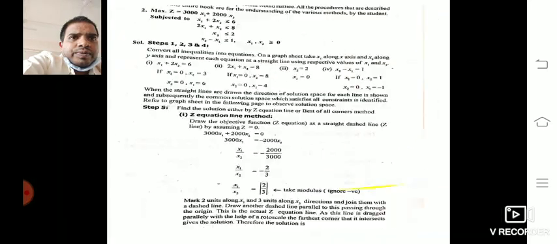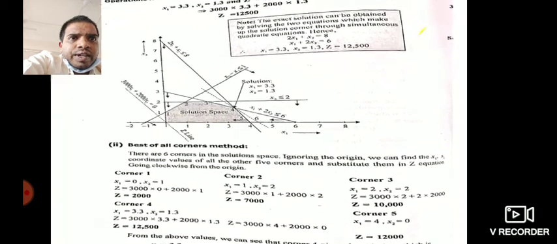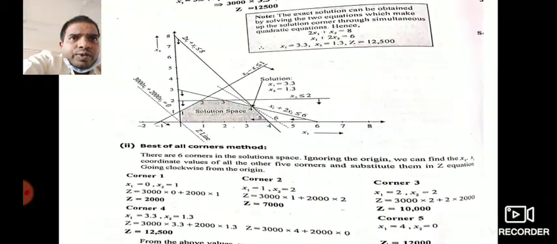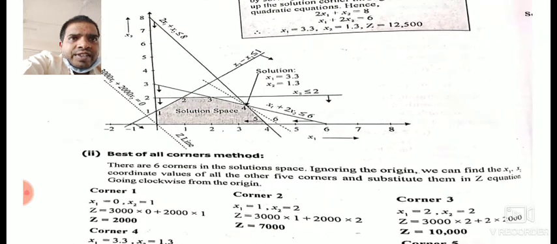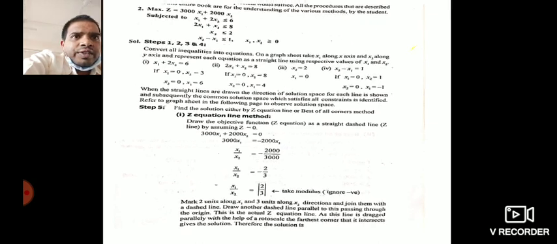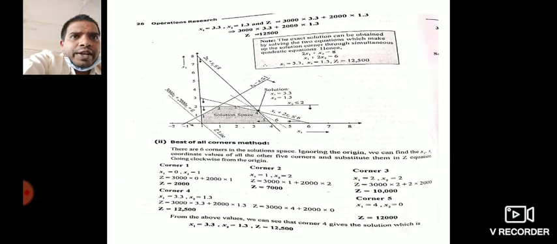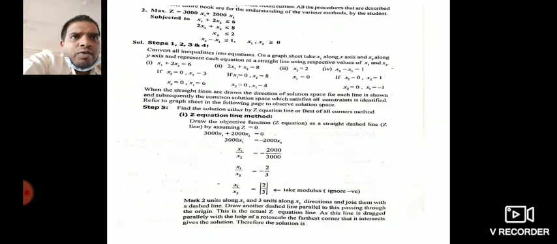That constraint says that the feasible solution space is towards the origin. Similarly do it for the second constraint: x1 is 4, x2 is 8. Do it for all the constraints.